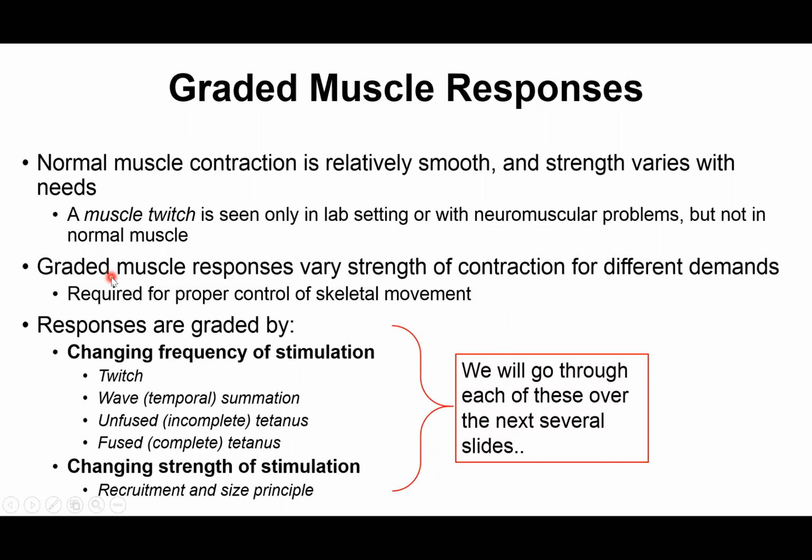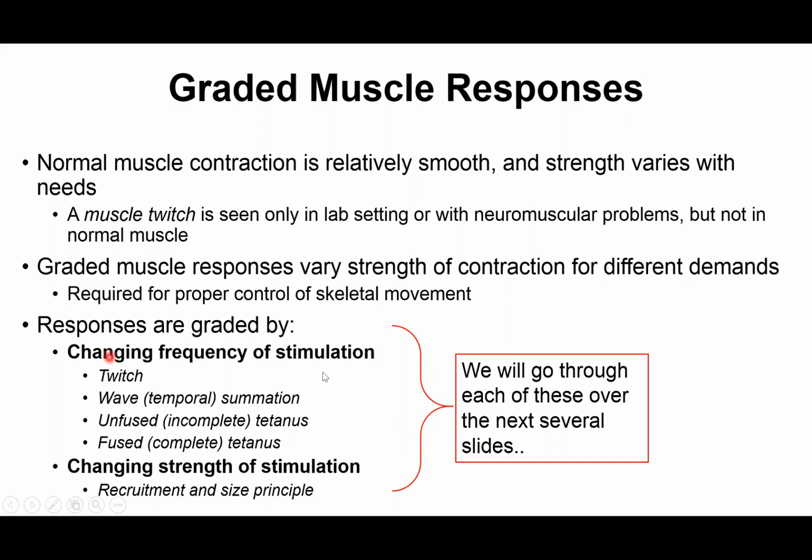Again, the responses of the muscle as a whole vary the strength of the contraction for different demands, and this is required for proper control of your skeletal movements. The responses are graded by the frequency that the fibers are being stimulated and also the strength of the stimulation.